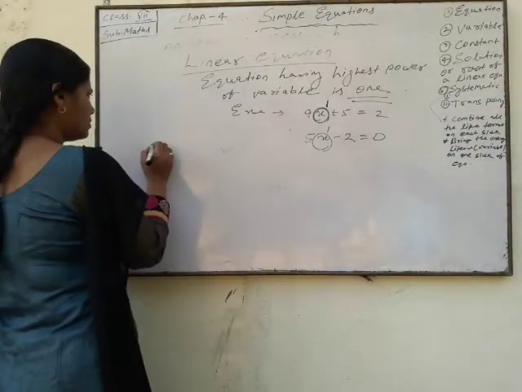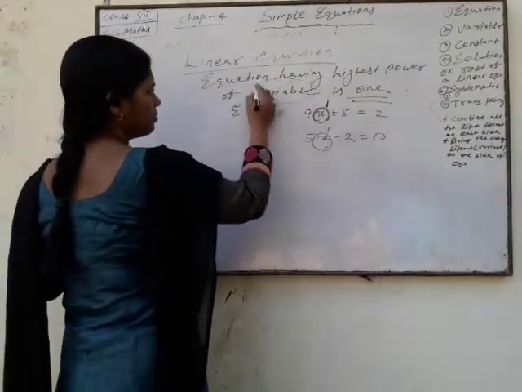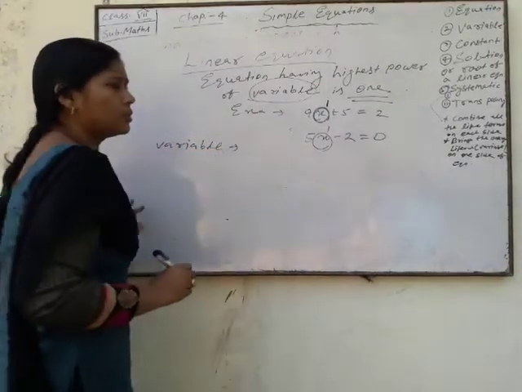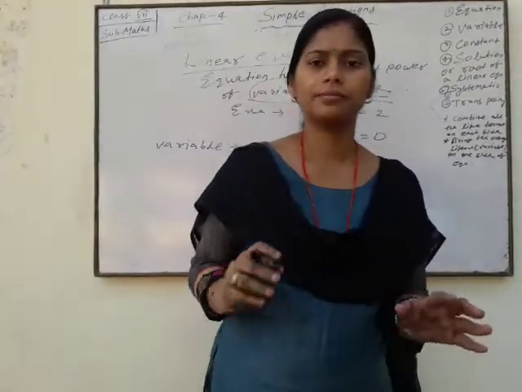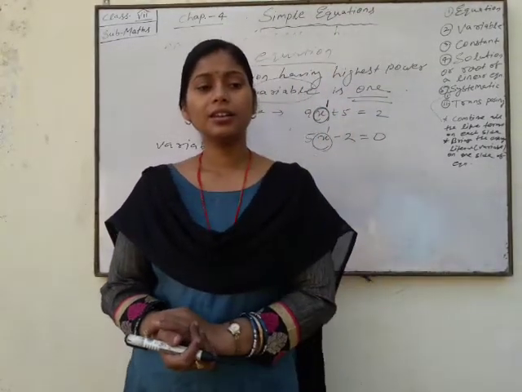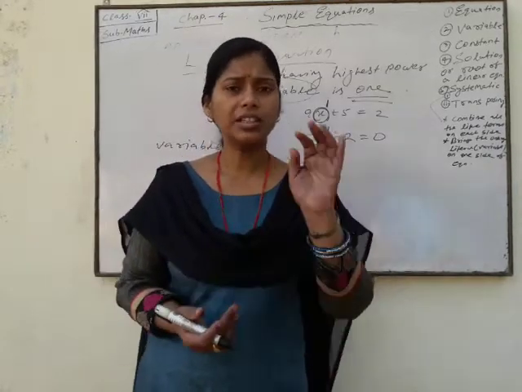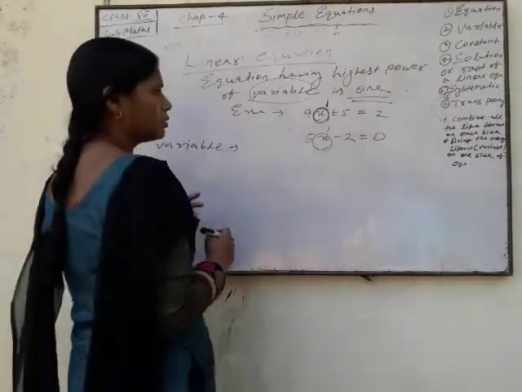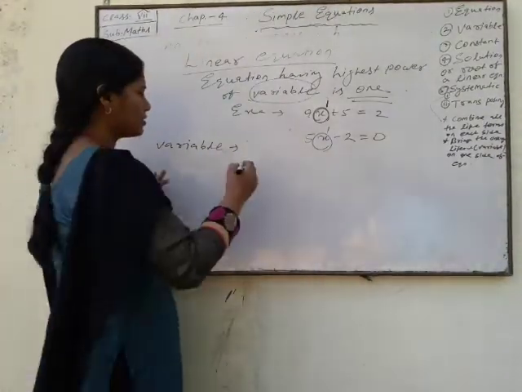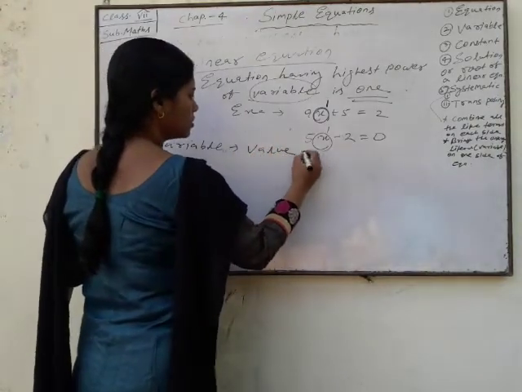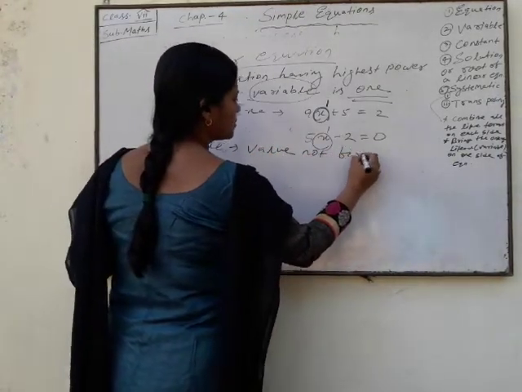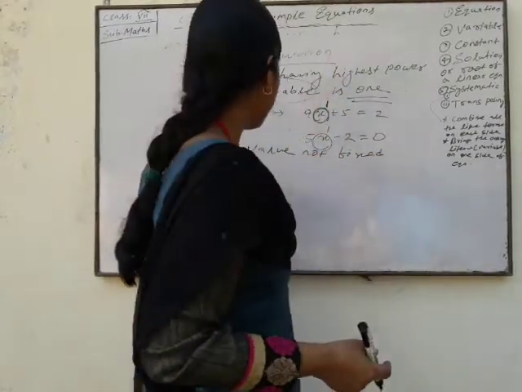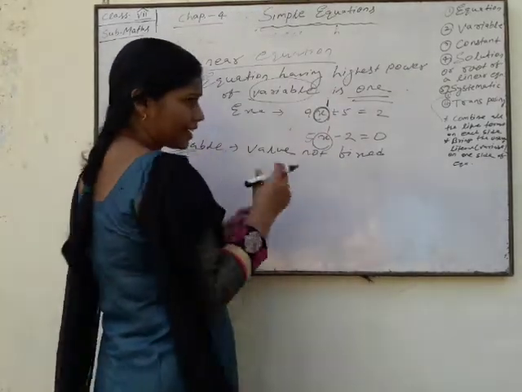Now, what is a variable? A variable means a value which is not fixed. Its value can be changed. Vary means change again and again.